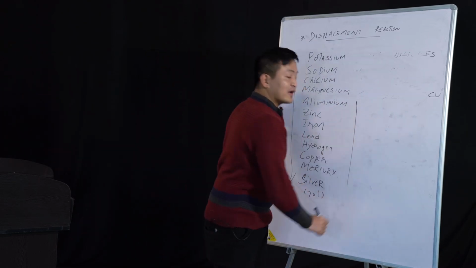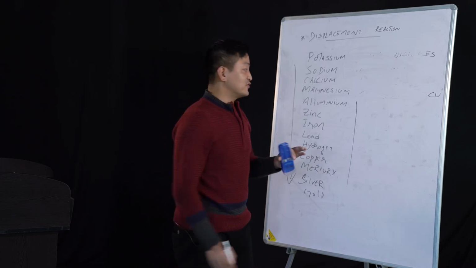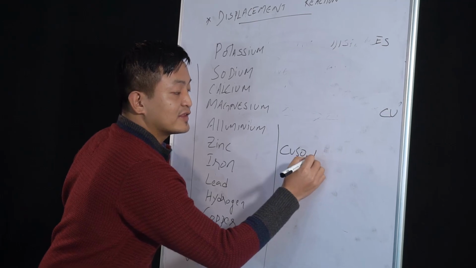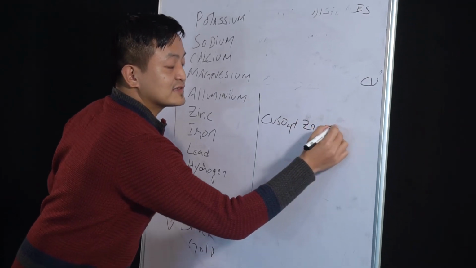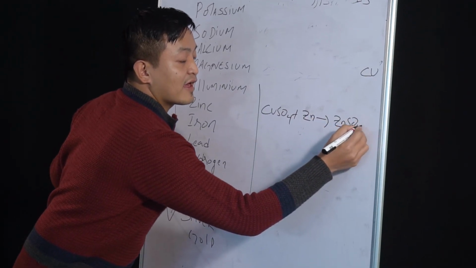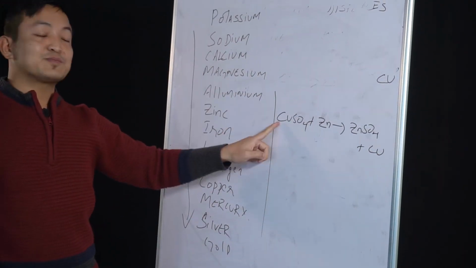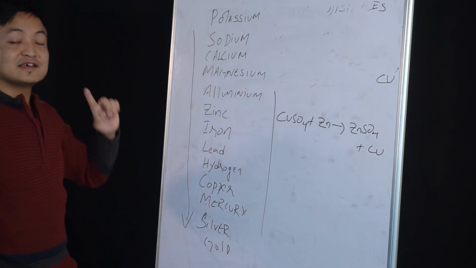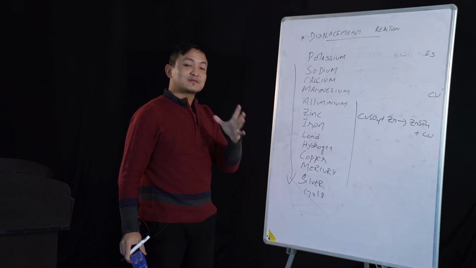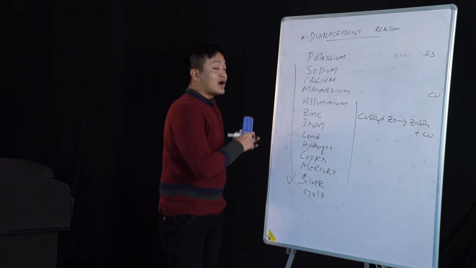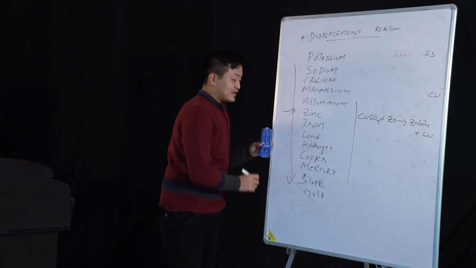So let's go back to the previous equation which I gave you, copper sulfate reacting with zinc, giving zinc sulfate and copper. Here, zinc was able to displace copper because zinc is more powerful, to make it simple. Zinc is higher in position than copper.